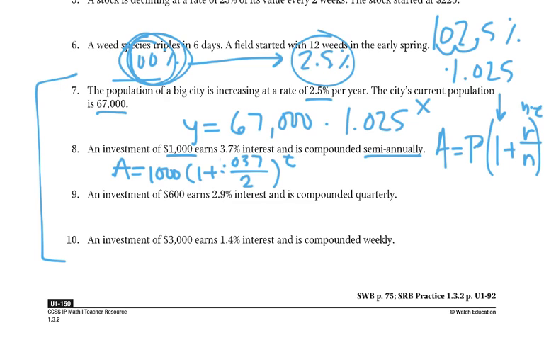That A would be like y, so we could change this, and we can simplify this. 0.037 divided by 2, plus 1, so we could rewrite this as A equals 1,000 times 1.0185 to the t. Okay? We could simplify it by that.